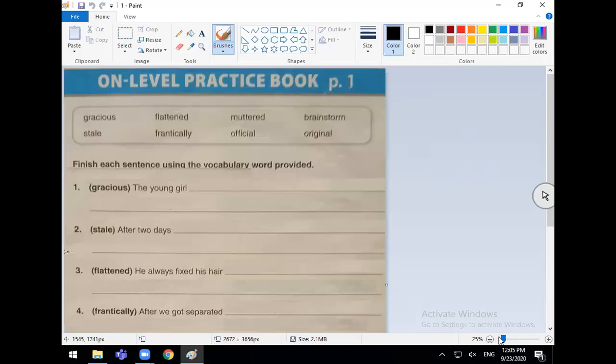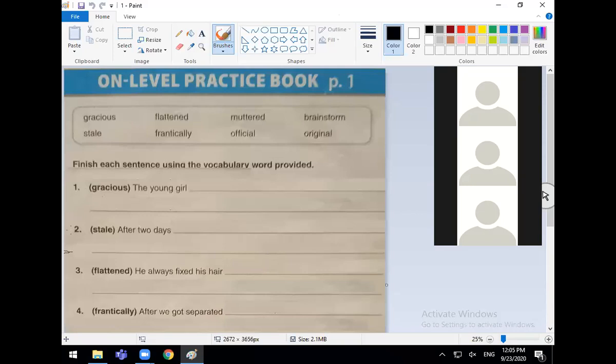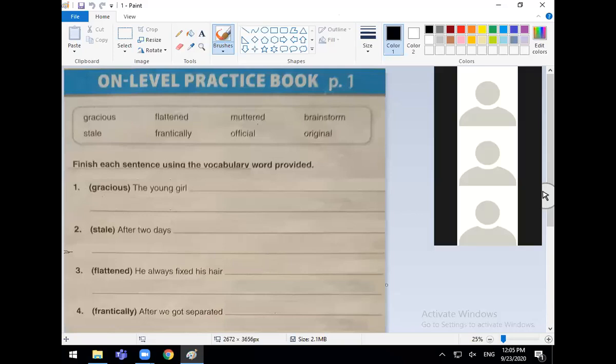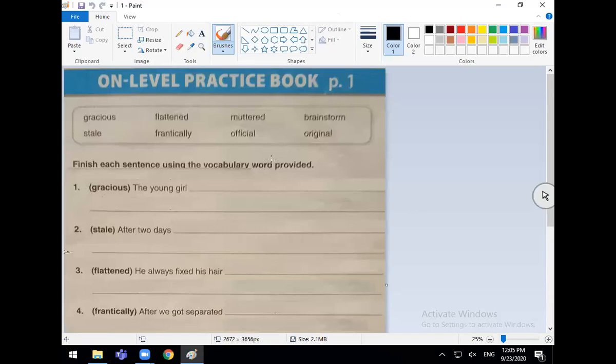All right, this is just like your book. You have the same page in your book on page 1. We're going to go through and answer each one by writing a sentence. This is what your workbook looks like. You have the words at the top.